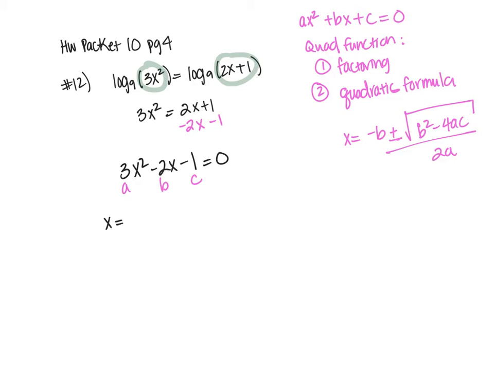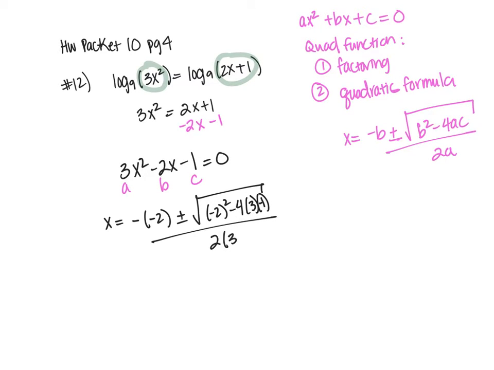So x is equal to negative negative 2, so negative 2 in here, plus or minus the square root of b squared, so that's negative 2 squared, minus 4 times a, which is 3, times negative 1. 2 times 3 gives me 6. So if I work this out, negative times negative makes a positive 4.